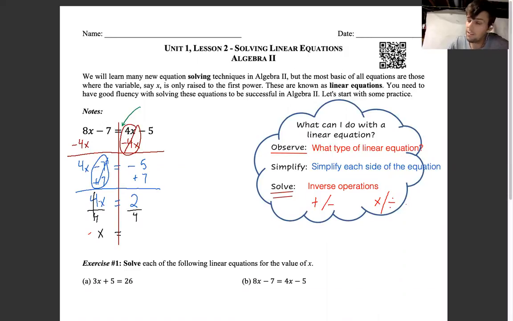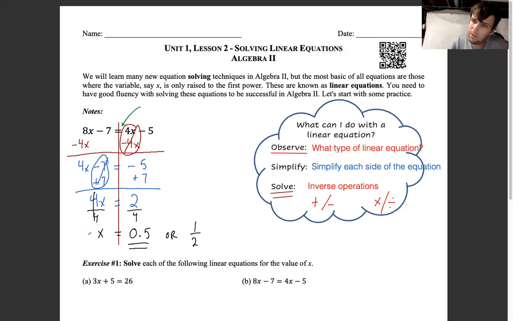And this doesn't divide evenly. I could either write this as a decimal. So if you use your calculator or something, you may get a decimal of 0.5. Or I could reduce this fraction. 2 over 4 is the same thing as 1 over 2. Either one of these are fine. It doesn't really matter right now.